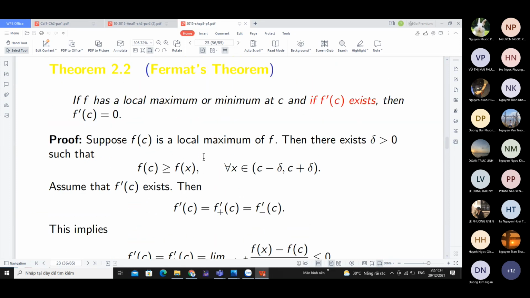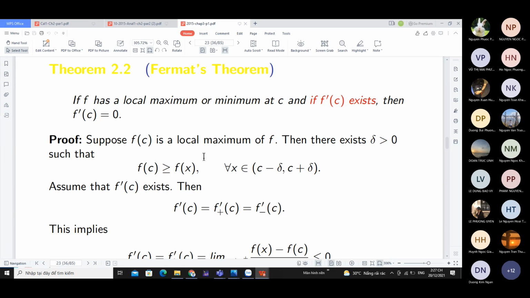We discuss a little bit about the proof of this theorem. It's called Fermat's theorem. Now, for example, we suppose that f of c is a local maximum of f.